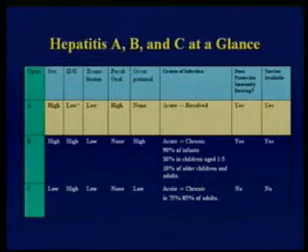So hepatitis A, B, C at a glance. On the top row here, I'm going to go through whether it can be transmitted by sex, intravenous drug use, which is IDU, transfusion, fecal-oral, occupational, course of infection, and does protective immunity develop.